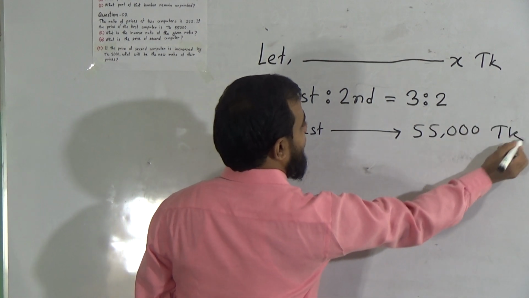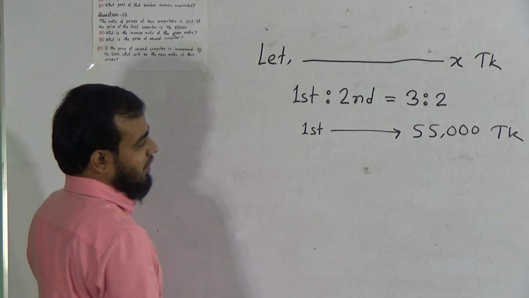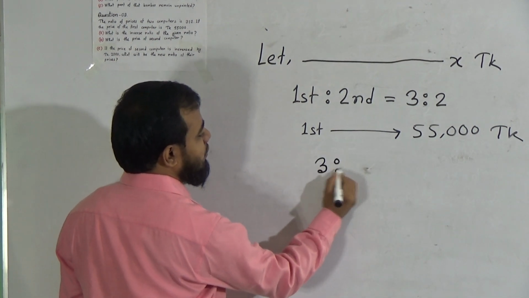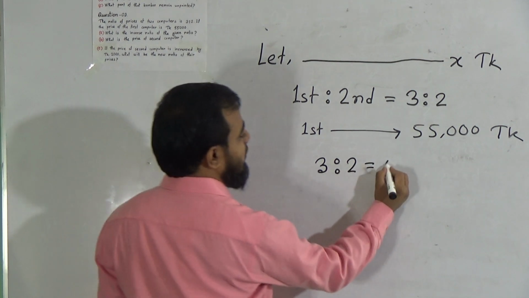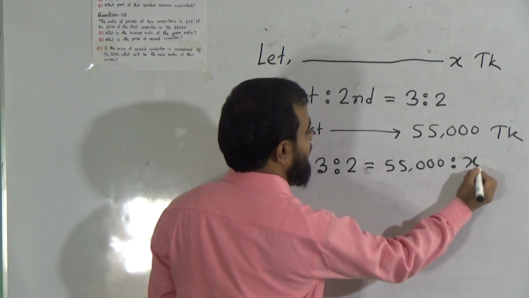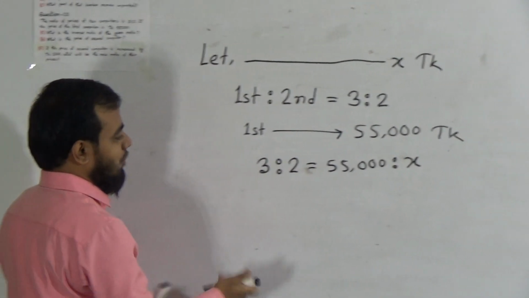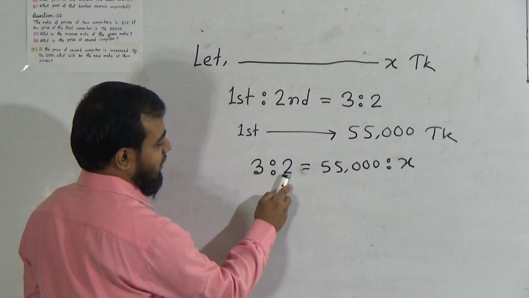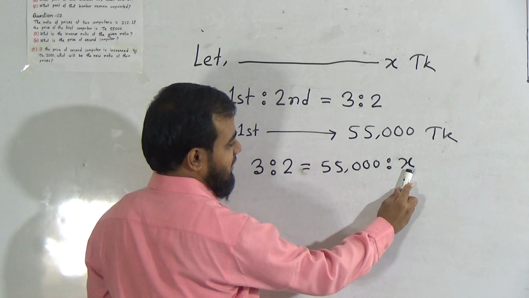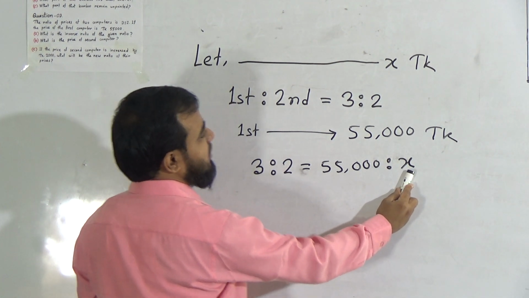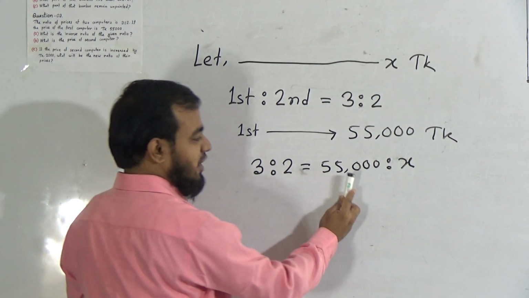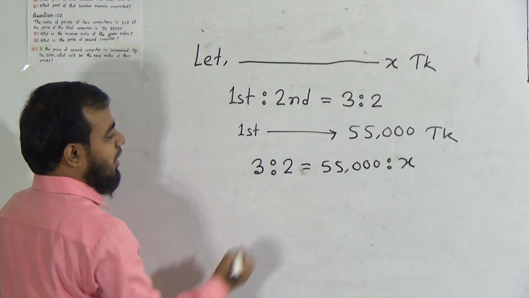Now according to the question we can write 3:2 equals 55,000 is to X, because this is the ratio of the first computer and second computer. We assumed X is the price of the second computer, and 55,000 taka is the price of the first computer. Now we have to calculate it.